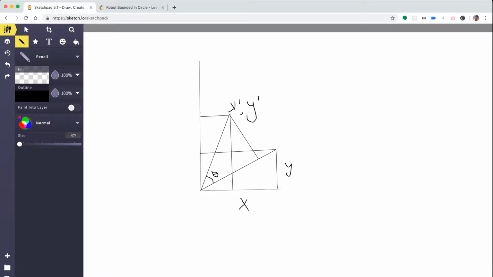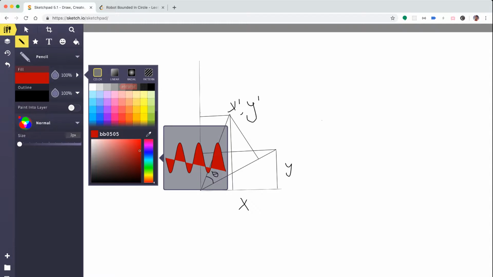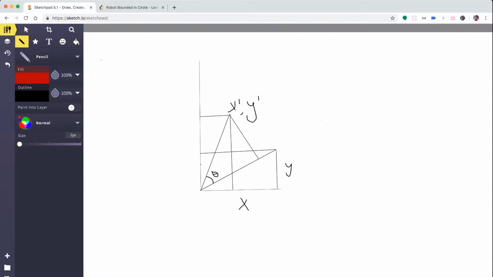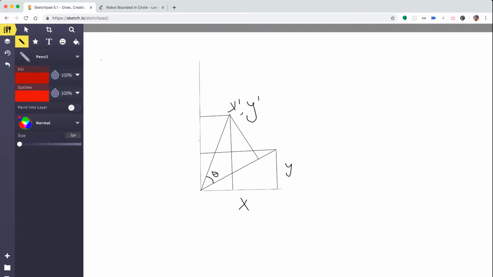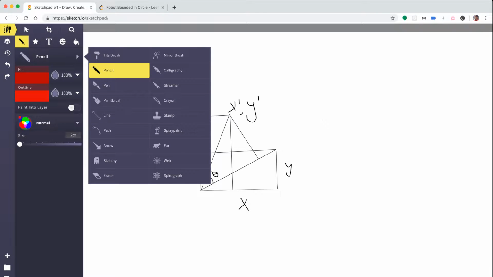How can we get it? We draw a new dashed line to help us understand what is going on. We draw it in red, with no fill, just a line.